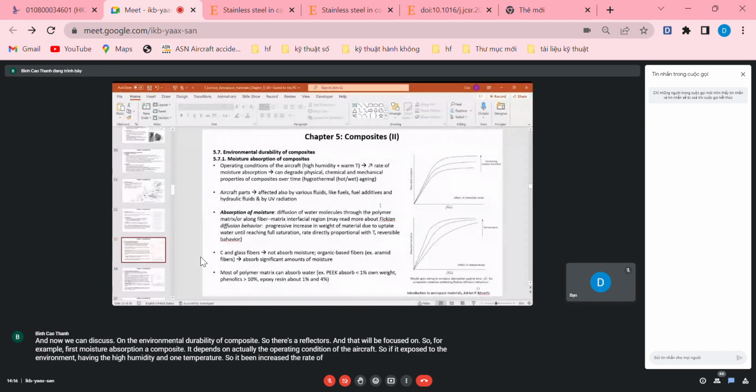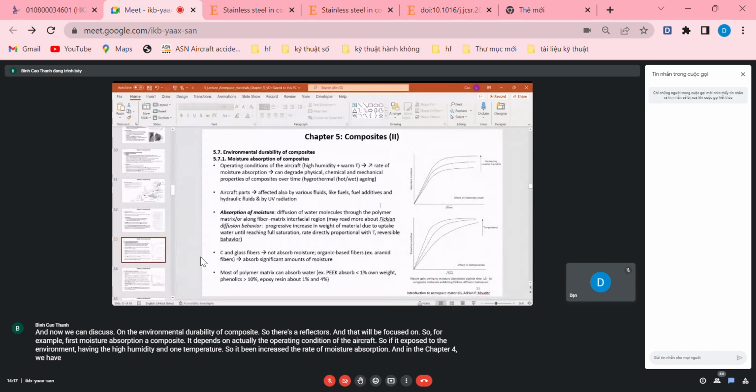of moisture absorption. And in chapter 4, we have discussed the degradation of polymer. Under these conditions, high humidity and warm temperatures promote the degradation of the physical, chemical, and mechanical properties of composite over time.